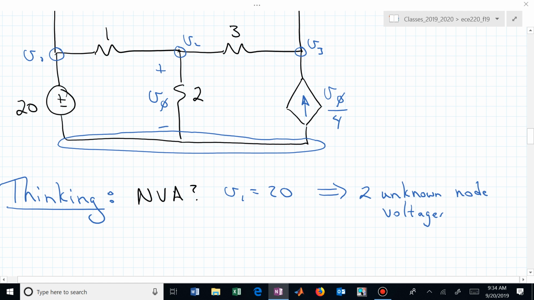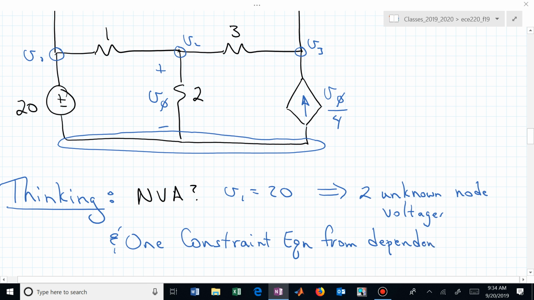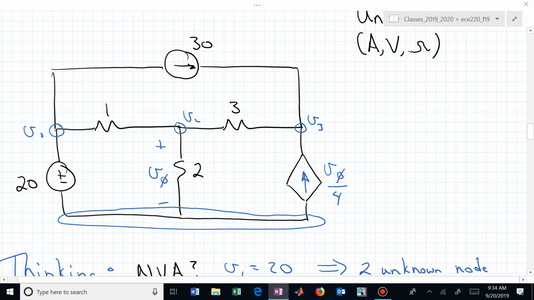So two unknown voltages, and we have one constraint equation from the dependent source. The idea is to do a little preliminary thinking to maybe solve the problem more efficiently at the end. That's our quick thinking on node voltage analysis.